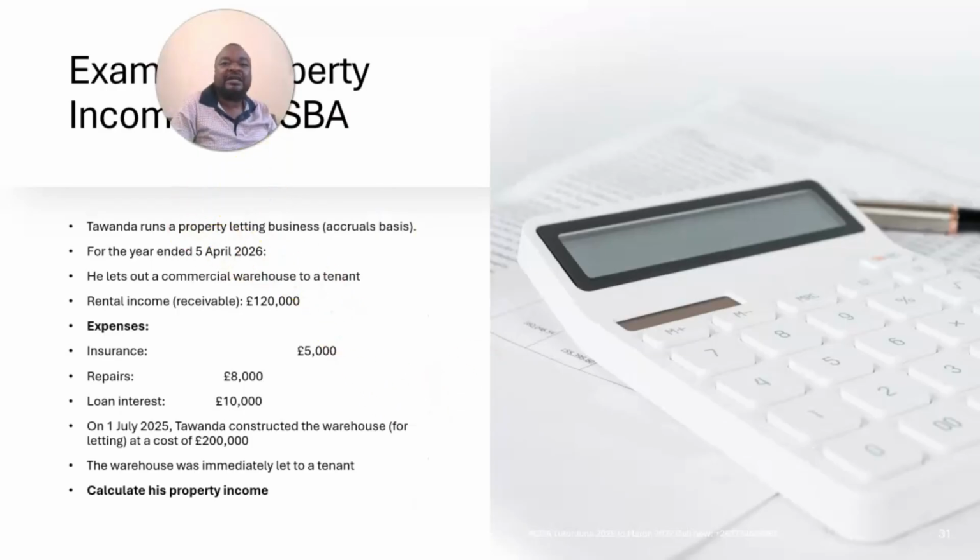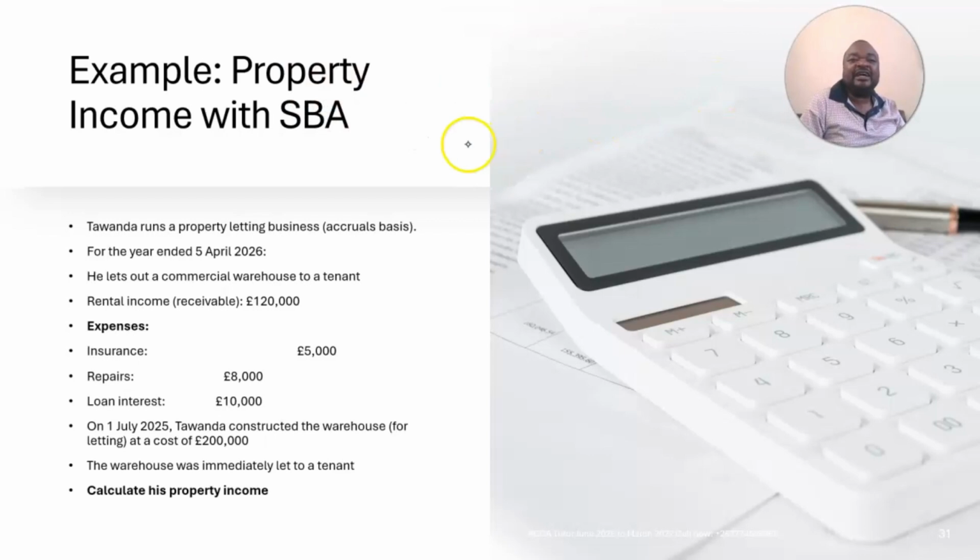Now let us look at this example where there is an SBA aspect to be considered. Tawanda runs a property letting business on an accrual basis. Remember, SBAs are only going to be applicable in property income when the accrual basis is being used. For the year ended 5 April 2026, he let out a commercial warehouse to a tenant.